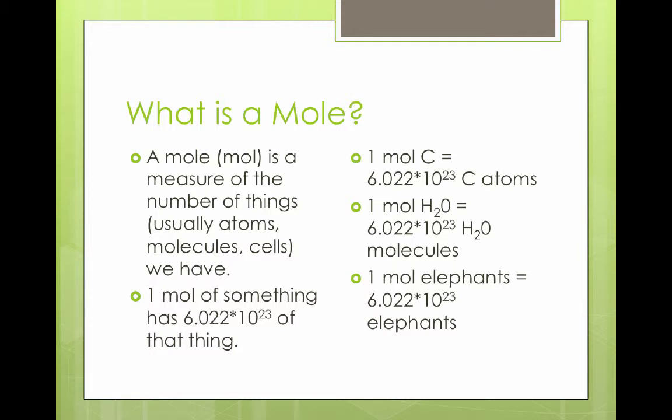We can go so far as to say if we had 1 mole of elephants, we would have 6.022 times 10 to the 23 elephants. And moles are just convenient to talk about a quantity of something when there are things like atoms or molecules or cells that are really small, and we'd have to talk about really big numbers if we were talking about atoms. So we talk about moles instead.